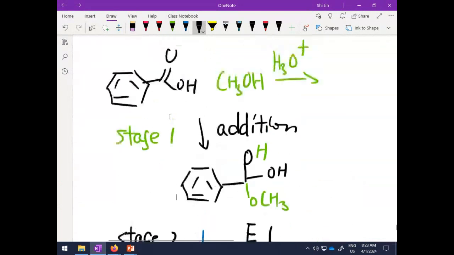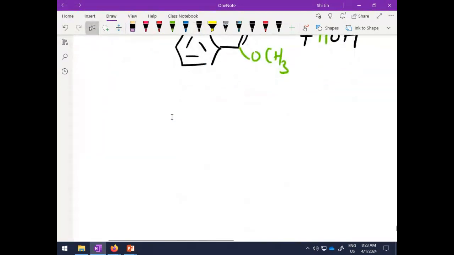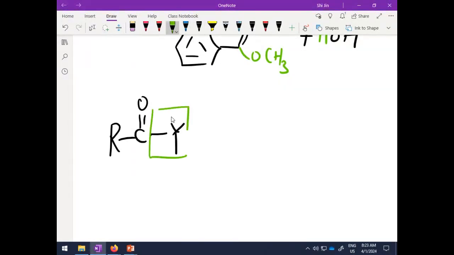And if you write it in its general form, a nucleophilic acyl substitution reaction will be like this: R, let's say Y. This fragment is a leaving group, a reasonably good leaving group.